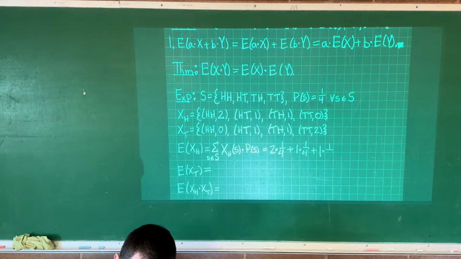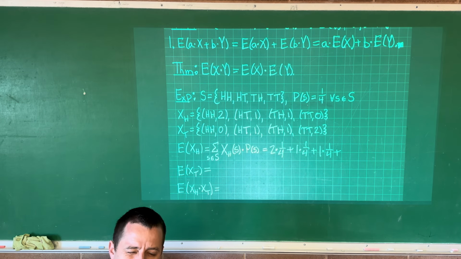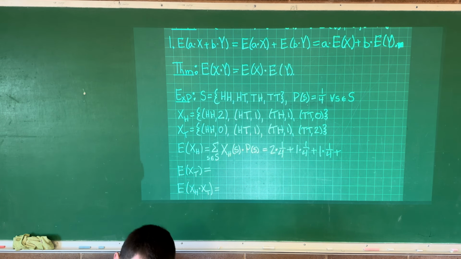And now I plug in our last one, TT. How many heads does TT have? 0. Times the probability, 1/4. And it comes out to 1. You see that? This is a half, this is a fourth, this is a fourth. A half plus a fourth plus a fourth is 1.